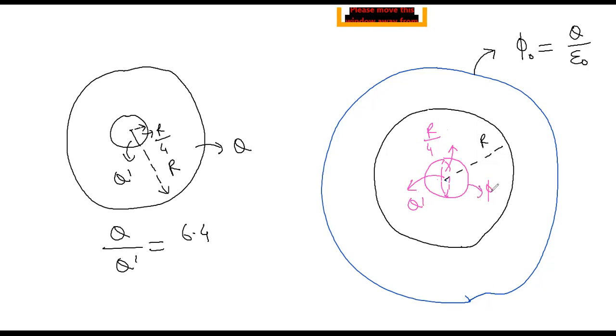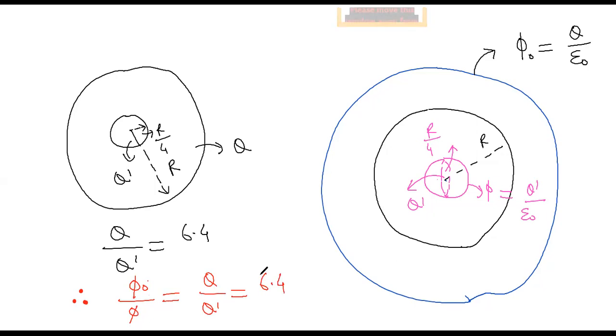So the electric flux through this will be phi equal to Q dash by epsilon naught. Therefore, phi naught upon phi is equal to Q by Q dash, and the correct answer is 6.4. So the ratio of the two electric flux will be 6.4.